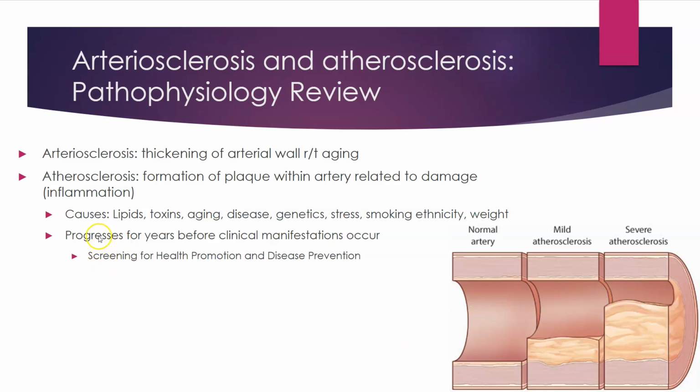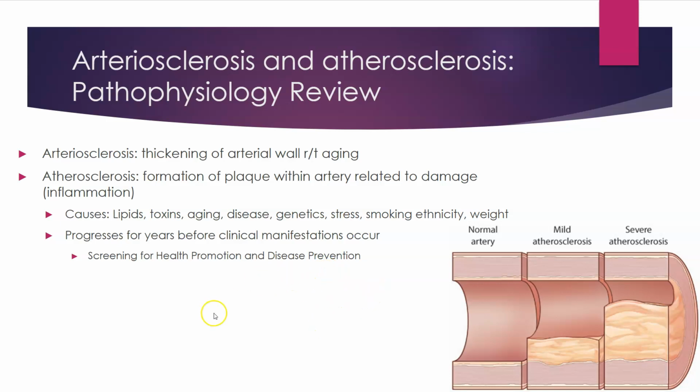So causes for this: lipids, toxins, aging, disease, genetics, smoke, those kind of situations. Increased weight gain. So progress, usually this is something that goes on for decades of life before manifestations occur. We're seeing this in younger and younger patients.